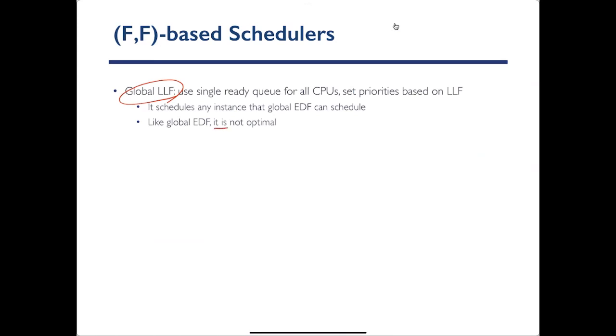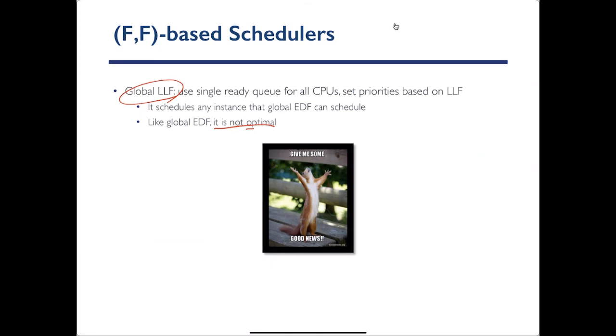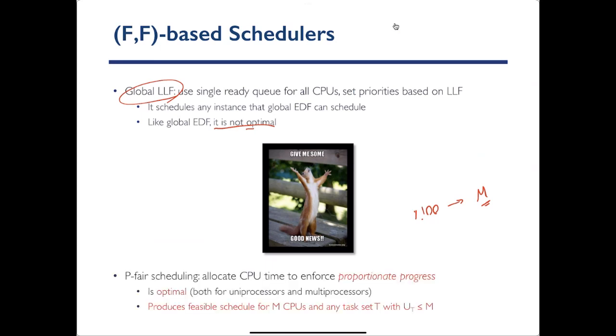So it does not provide an optimal schedule for you. So at this point, you might think, is there any hope to get to this 100% utilization? Basically, if I have M cores, can I get all the way to M utilization for my task set? The answer is yes.